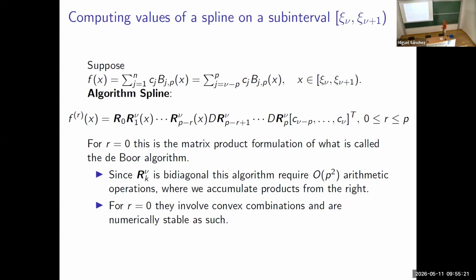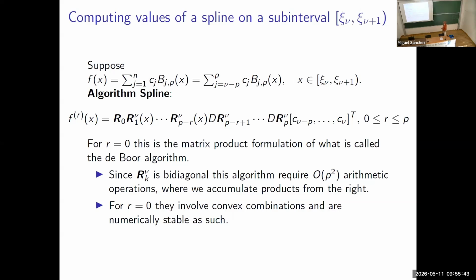Okay, and for r equal to 0, you have no derivative term. This is known as the de Boor algorithm. Some of you maybe have heard that name.